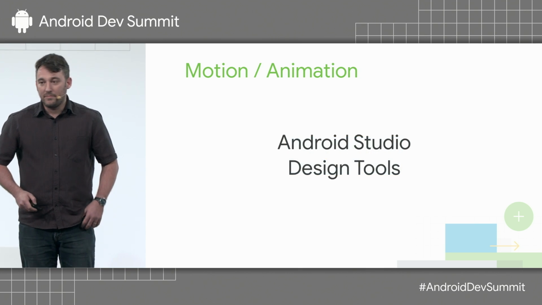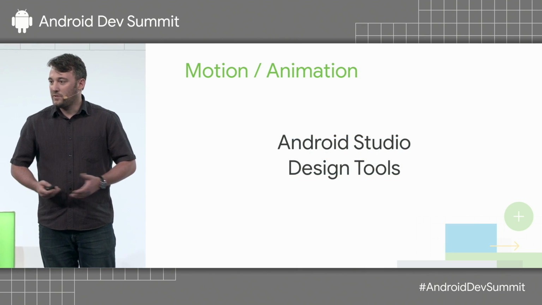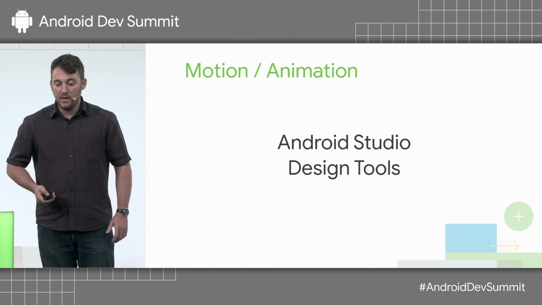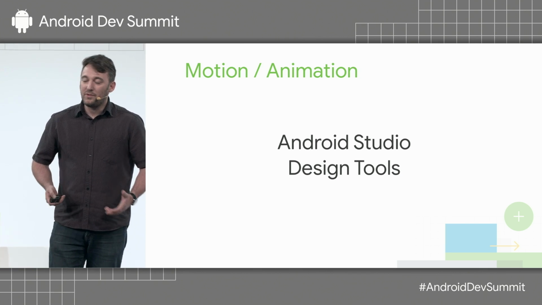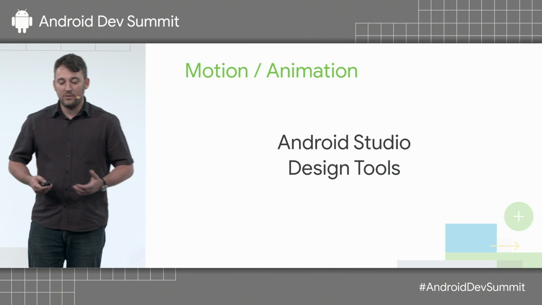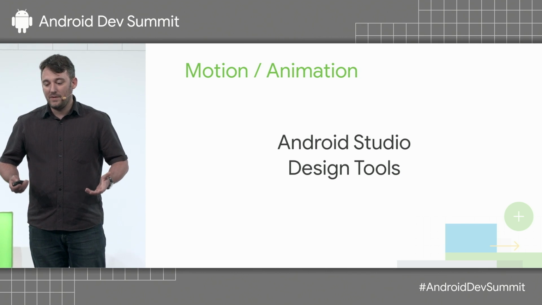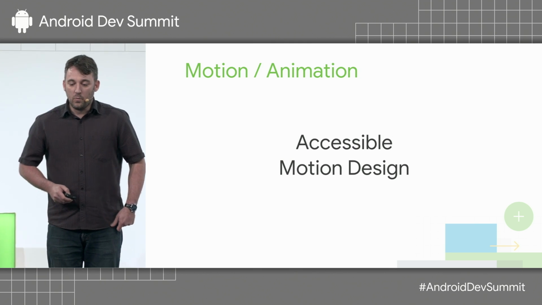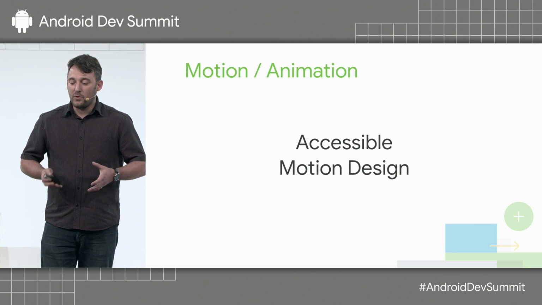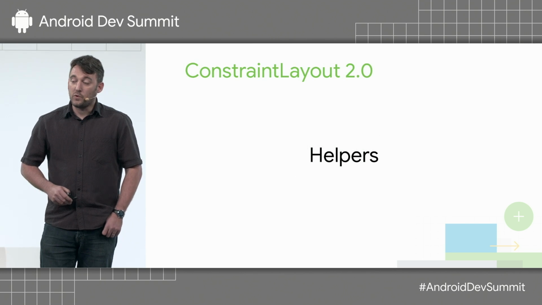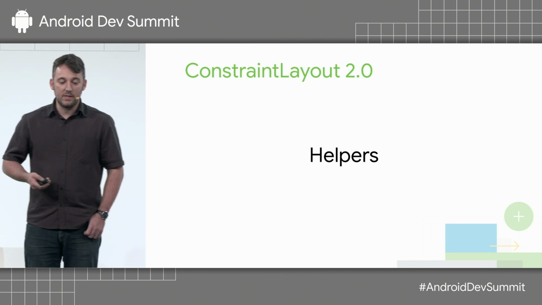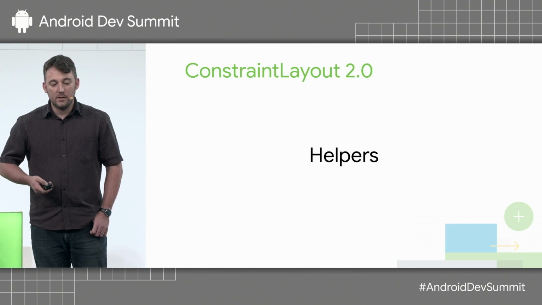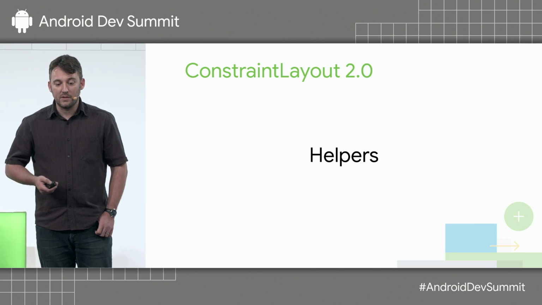So, taking my hat on the Android Studio Design Tools team, what can we do to help with that? Really, our goal is to make you more productive, let you iterate faster, experiment, and make your life easier. Particularly for motion, we want to make motion design a lot more accessible. One thing we introduced recently in ConstraintLayout 2 is the helper objects.